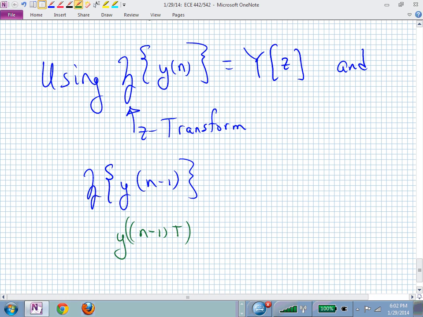But then what does this look like in terms of capital Y of z? That's what we said we were using for z inverse, wasn't it? This is now z to the minus 1 capital Y of z.